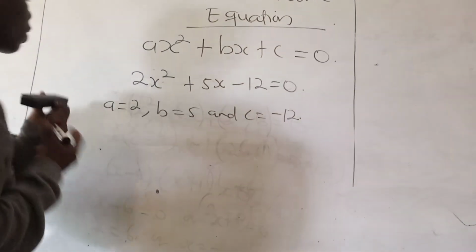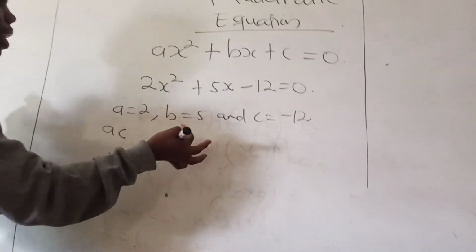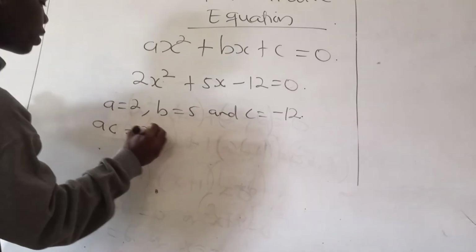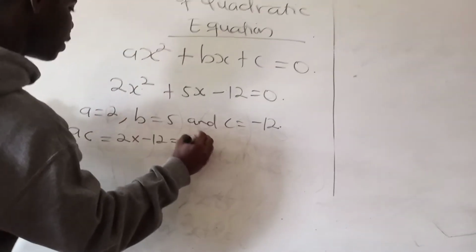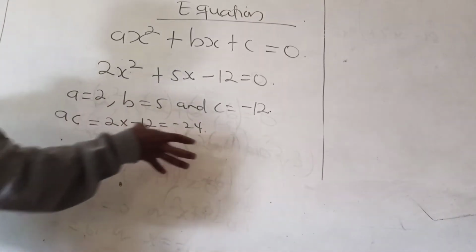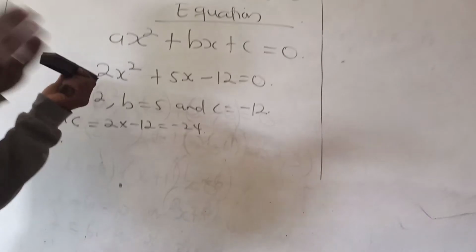Next step, a times c, that is the coefficient of x squared times the constant c. So ac is 2 times negative 12, making negative 24. After that, you find the factors of ac such that when you add them, you get 5.